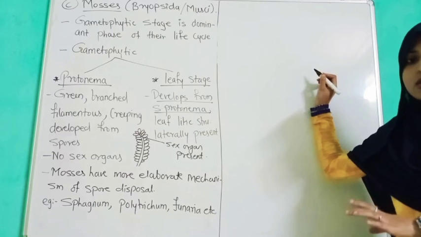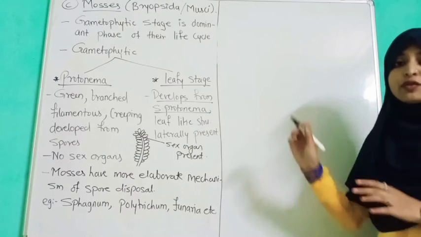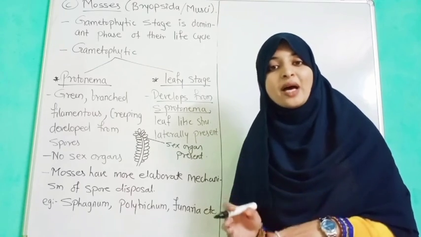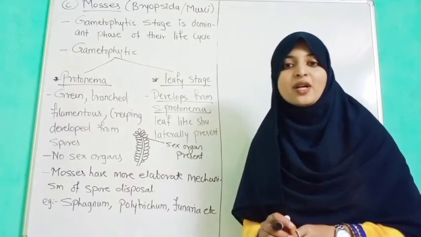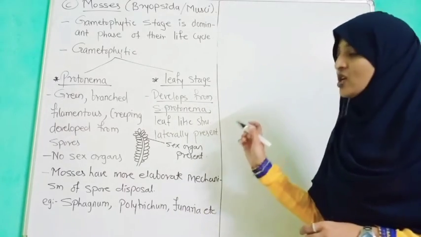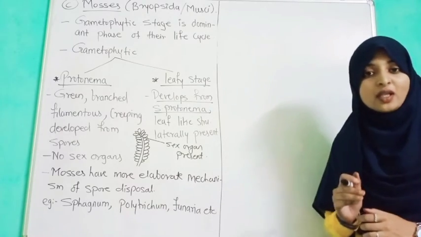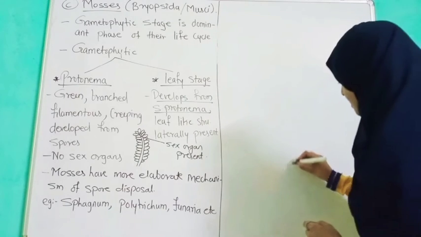The most important point is that the sporophytic stage is a partial parasite, meaning it remains on the parent body for a small period of time, because it lives on the gametophytic stage.